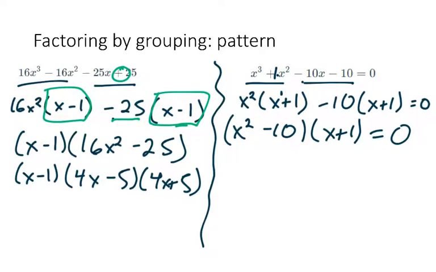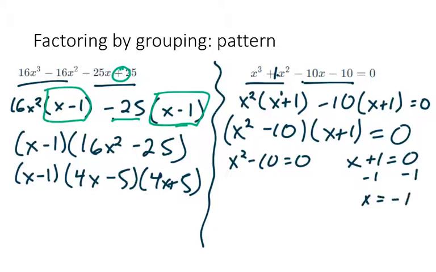Now, in this scenario, I'm solving this because it's set equal to 0. So I'm going to use the zero product property and set these both equal to 0. Remember, because anything times 0 is 0. That's the whole point of wanting to set things equal to 0, because we can use the zero product property. Subtract 1. This one's relatively easy. This one's going to get a little tricky.